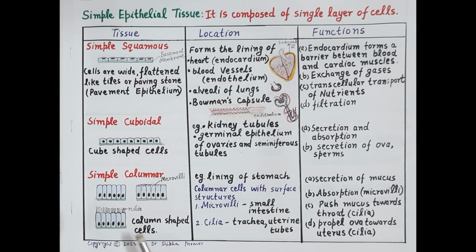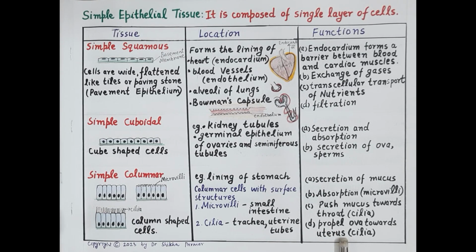So, simple columnar epithelial cells are found in the trachea, where they push the mucus towards the throat. And these are also found in the uterine tubes, where they propel the ova towards the uterus. So, the functions of simple columnar epithelial cells are secretion and absorption.